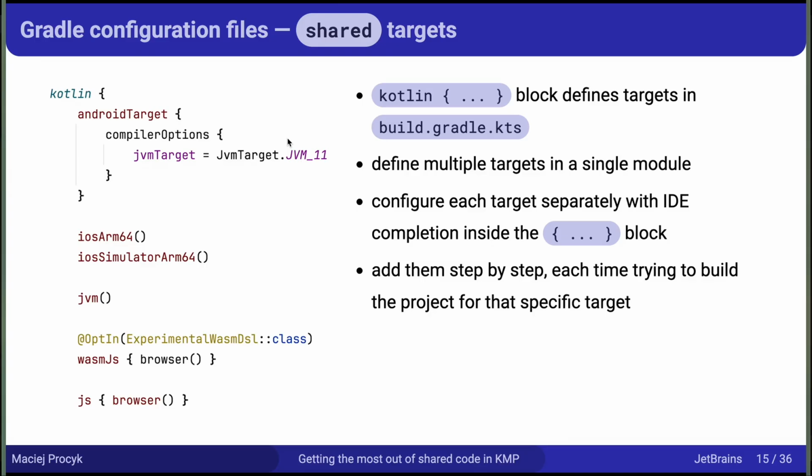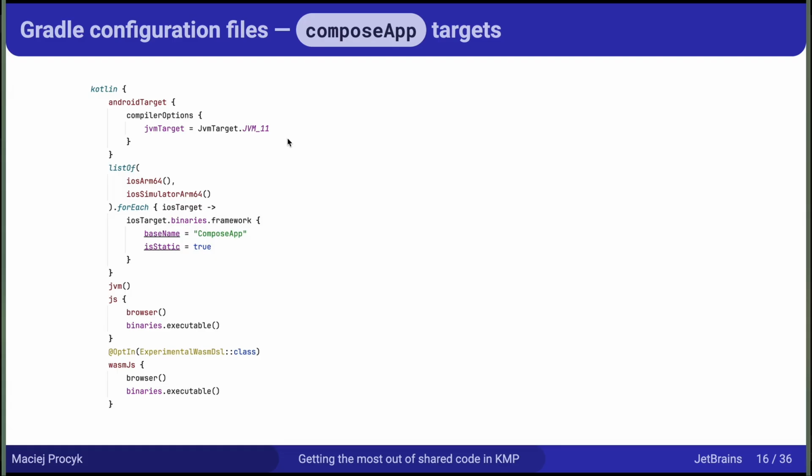And then once we would like to iterate on our project, we might consider adding more targets, for example. But a good approach from my perspective is to do this on a step-by-step basis. So each time, try to compile your project against all available targets and try to add more that way.